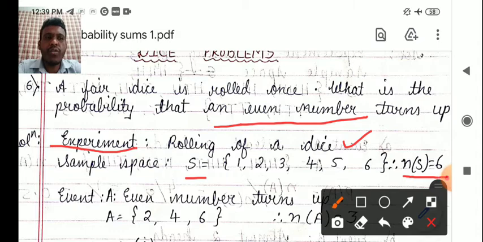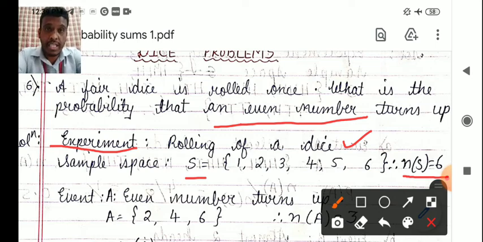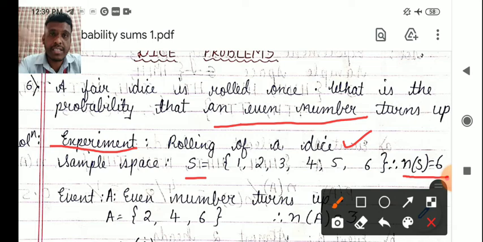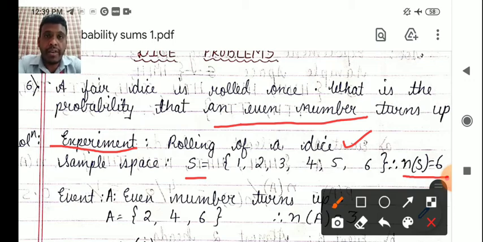So what is n of S equal to? Whenever we roll one dice, we get this sample space only, that is 1, 2, 3, 4, 5, 6. Is there any other possibility? Suppose the dice is rolled once, what are the outcomes possible? Either we will get 1, 2, 3, 4, 5 or 6.